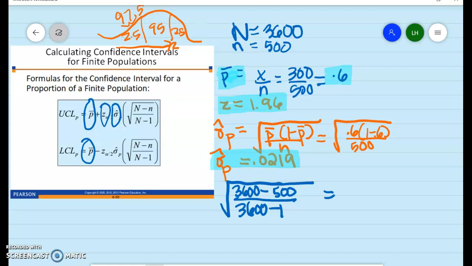And you're going to get 0.9281. All right, now we have everything that we need to plug in to get our confidence interval.